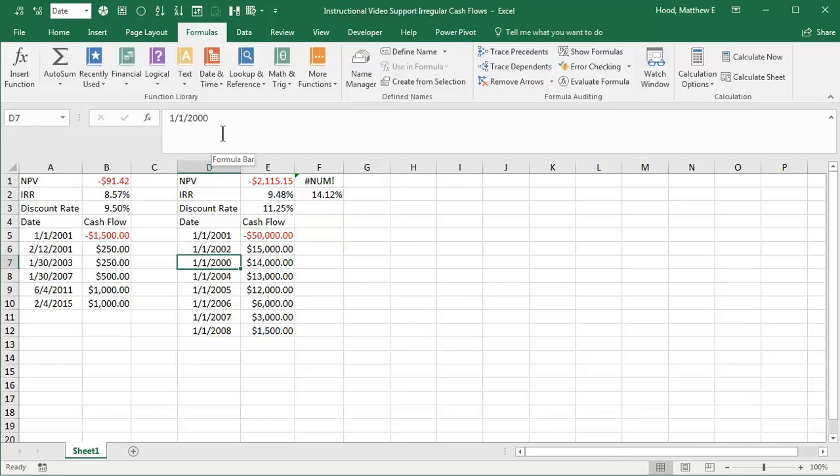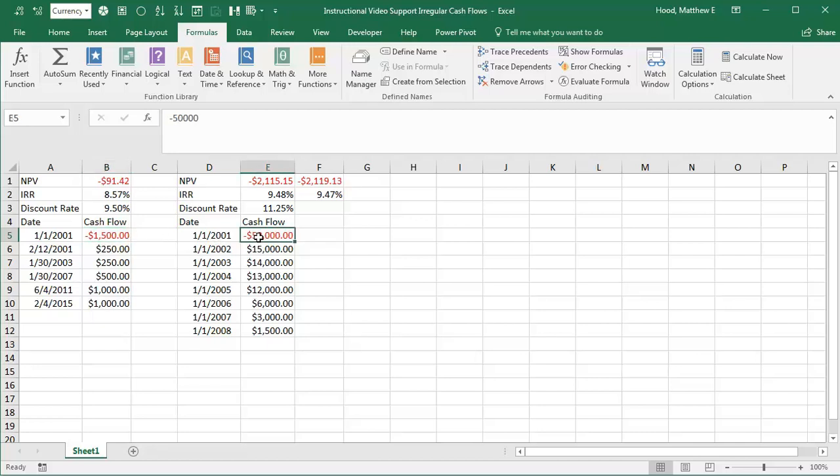All right. So one thing that's critical is that for XNPV, the cash flows don't have to be in order, but the first cash flow has to be first, right? We're finding a net present value, so all the cash flows are valued as of this date. And in this case the cash flow at time 0 is there.